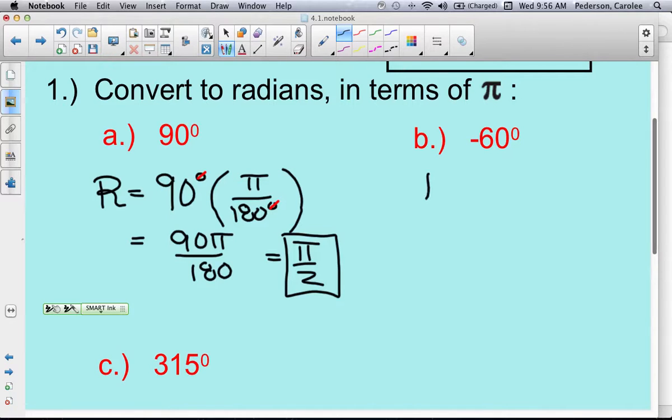So the radian measure is -60 degrees times pi over 180 degrees. Again, those degree symbols are going to cancel.